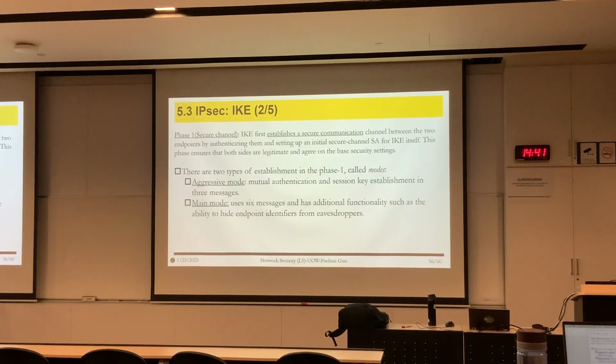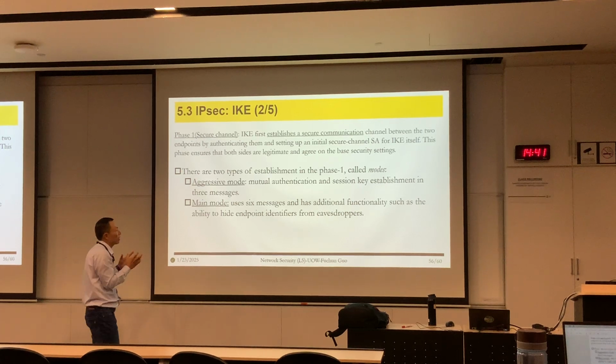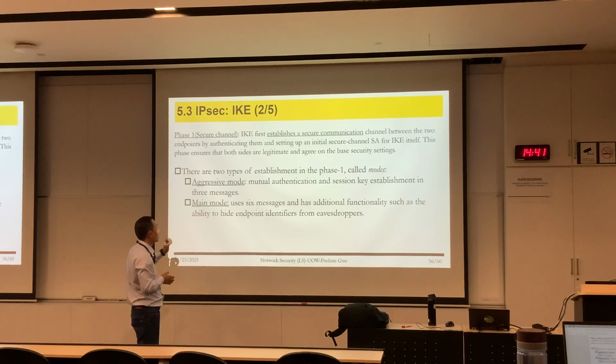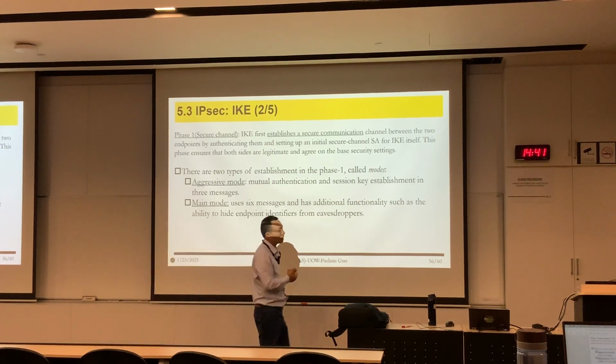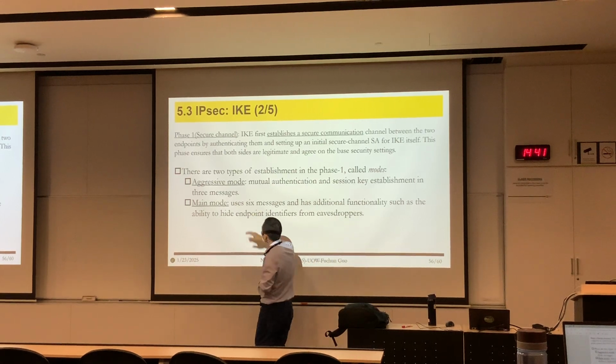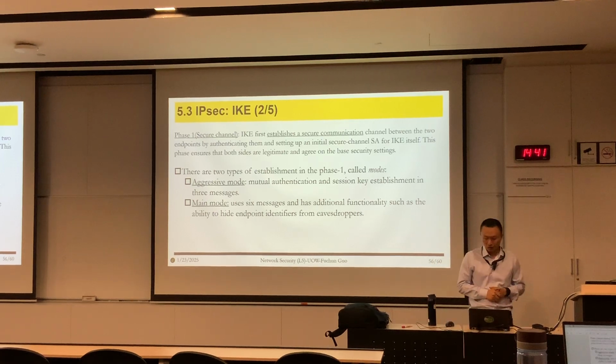We use six interactions, six moves, and have additional functionalities like anonymity for the user. It means that it has better protection compared to the aggressive mode. But everything has a trade-off, because this takes six interactions and the aggressive mode takes just three.